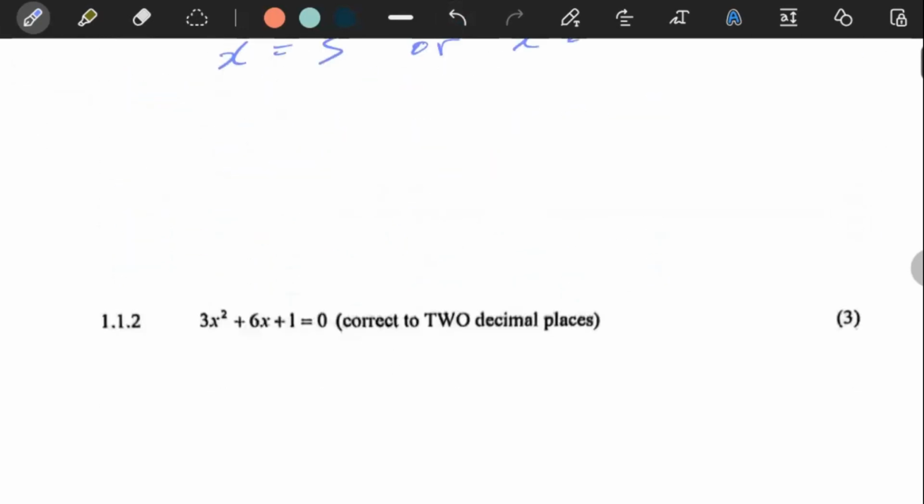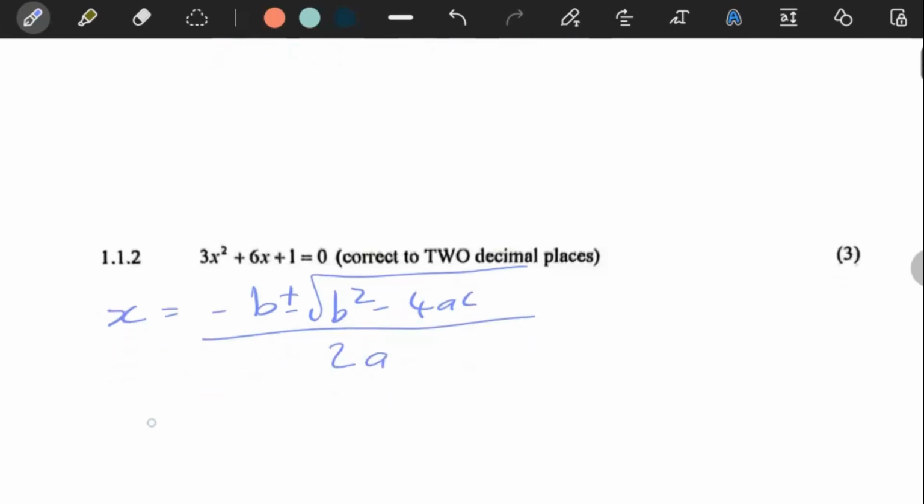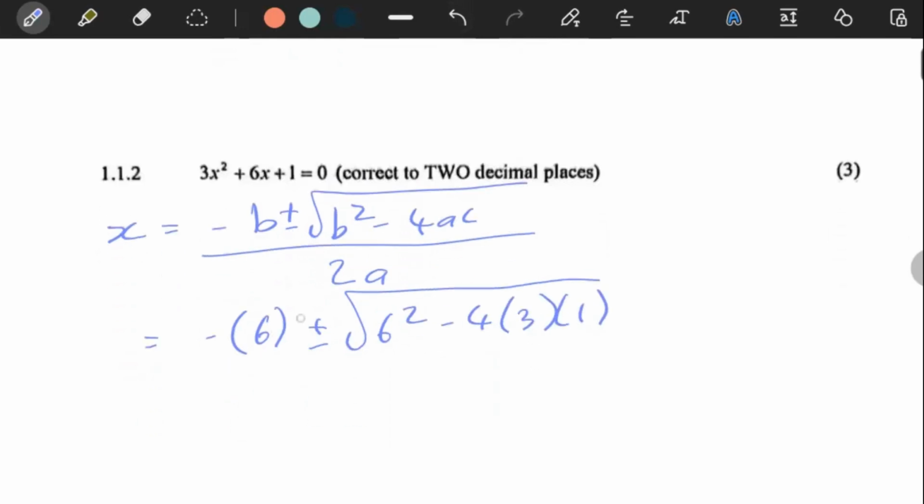Next, correct to 2 decimal places. This is the type of equation where you're going to have to use the quadratic formula. And then let's see here, B is 6. So we have 6 squared here minus 4. A is a 3, C is a 1.